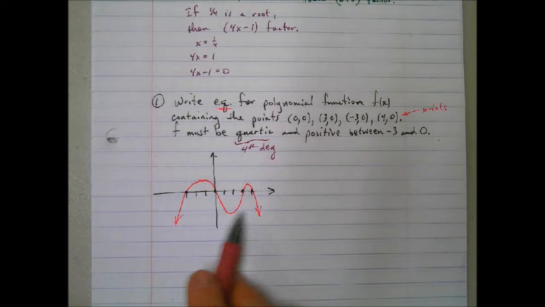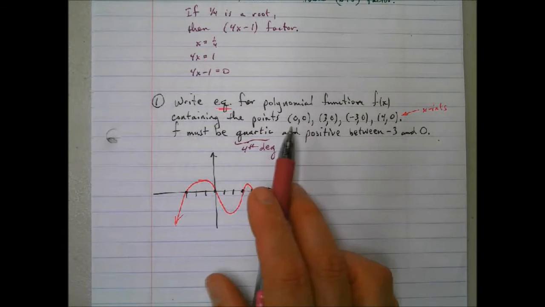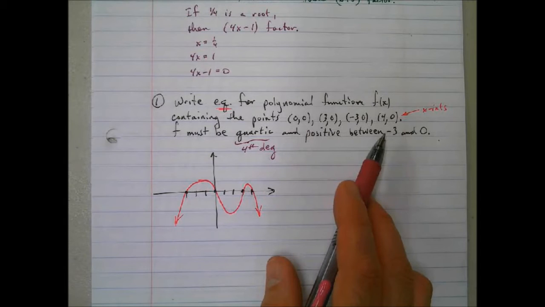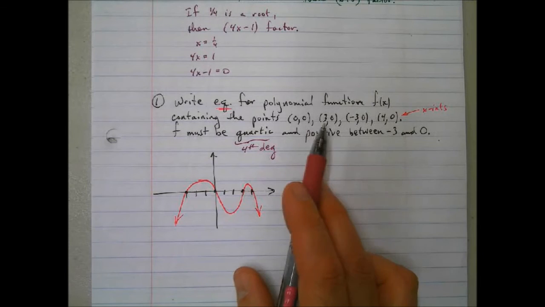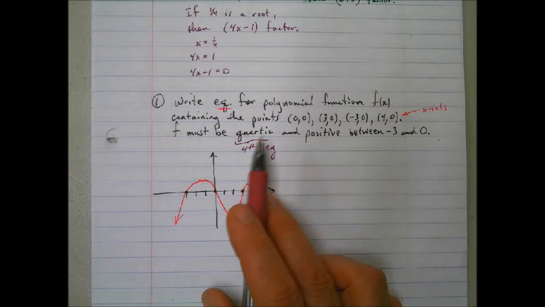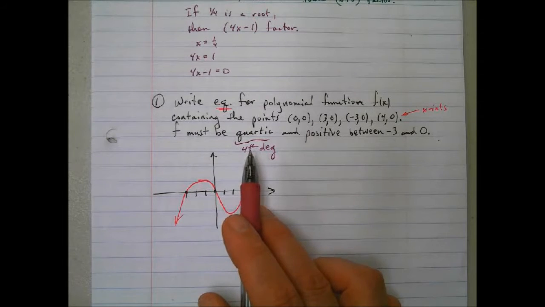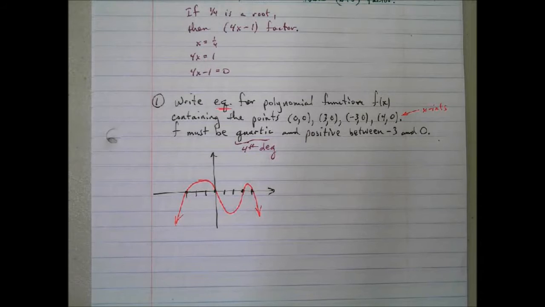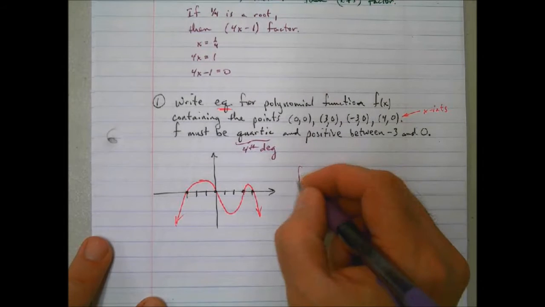Okay, now that's indicating a fourth degree, which matches that we have 4 roots, each with multiplicity of 1. Fourth degree.